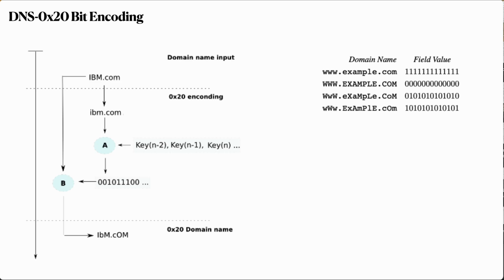Since the resulting cipher block is no longer than the original query in terms of bytes, bits are read in sequential fashion from the cipher block, and the query field is read one byte at a time. This produces a 0x20 encoded domain name, which will be sent to an authoritative server.